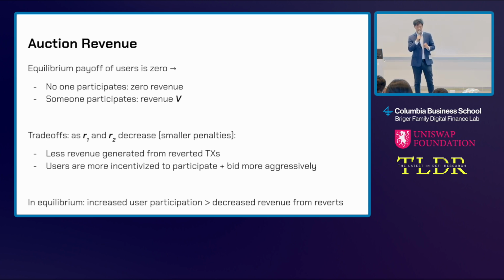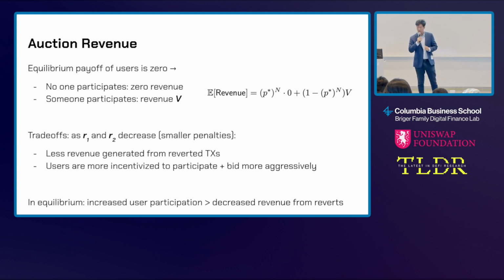Because the equilibrium payoff of each user is 0, their total combined payoff is also 0. If no one decides to participate, then the auctioneer makes 0 revenue. However, if at least one person participates, they make a revenue of V. So we can rewrite the expected revenue as V times the probability that this MEV opportunity is contested. We have this formula right here.